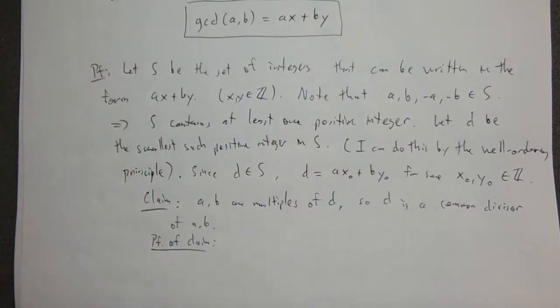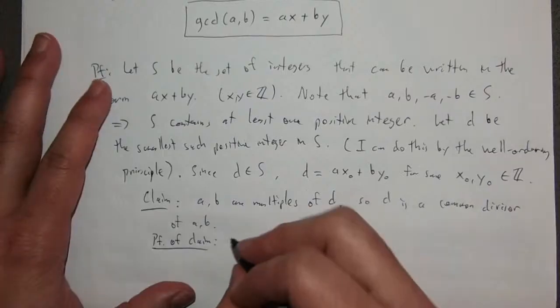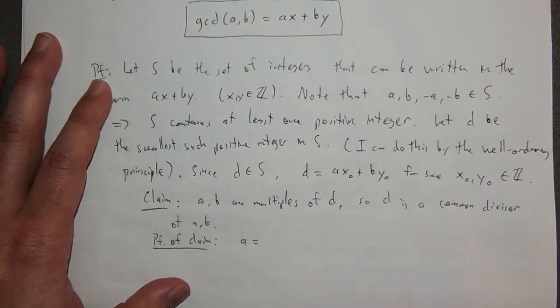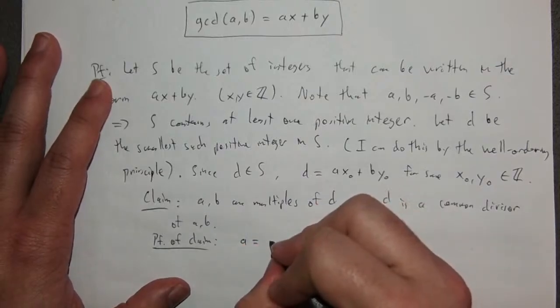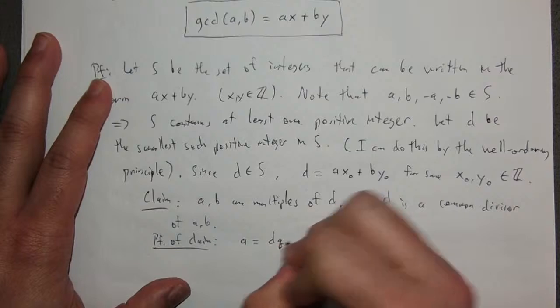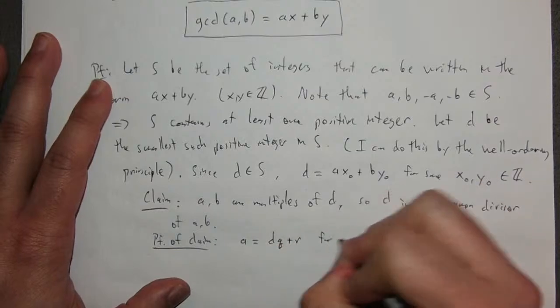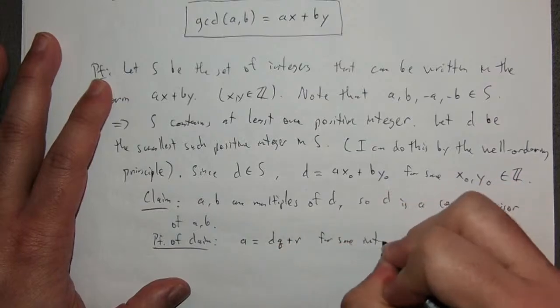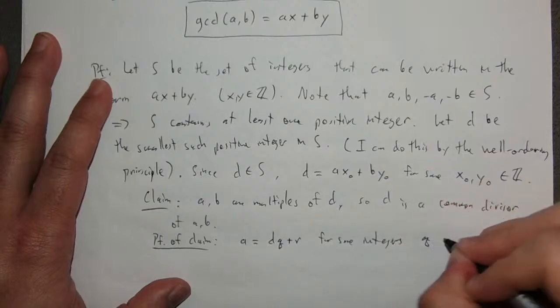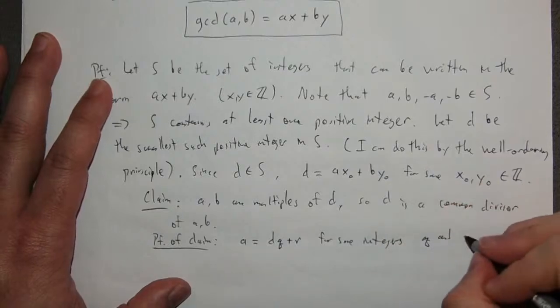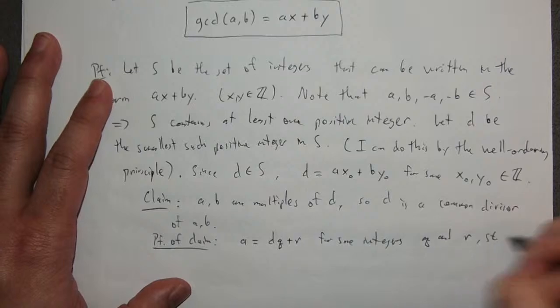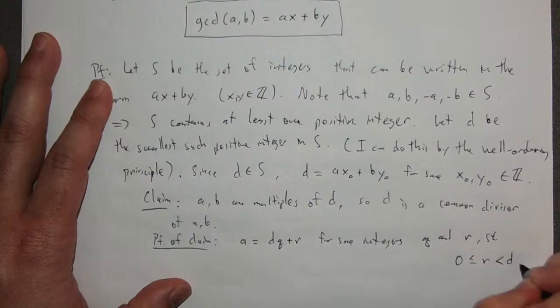Well, I can always apply the division algorithm. I can divide, say, A by D. So A is equal to, say, DQ plus r for some integers q and r such that r is non-negative and strictly less than d.